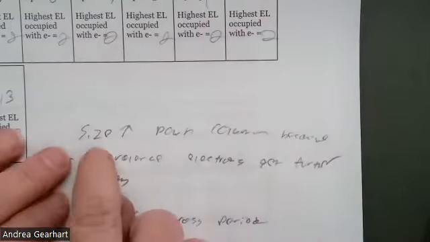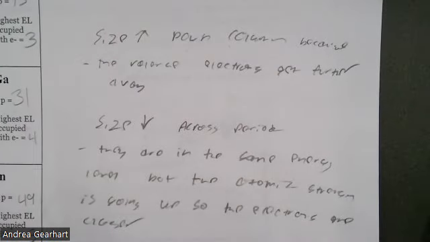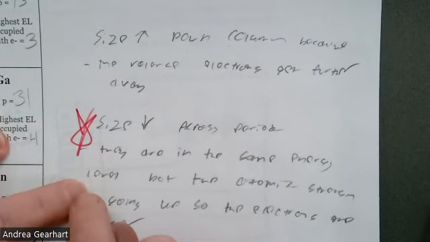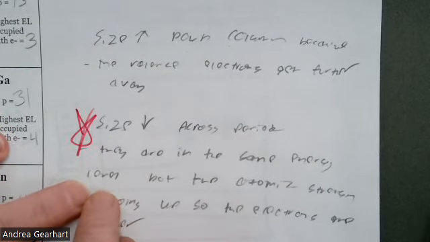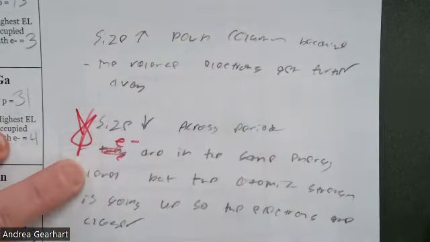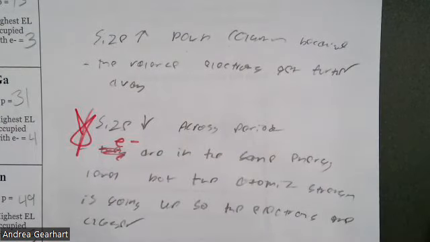Okay. Size increases across the period. Wonderful, wonderful, wonderful. All right. They are in the same energy level. What are they? Electrons, and we're talking about across, they're being added.